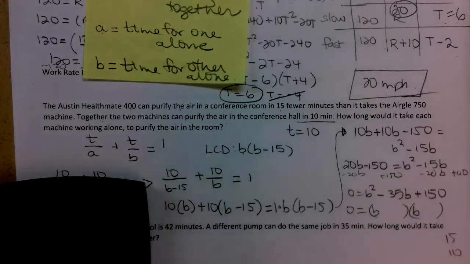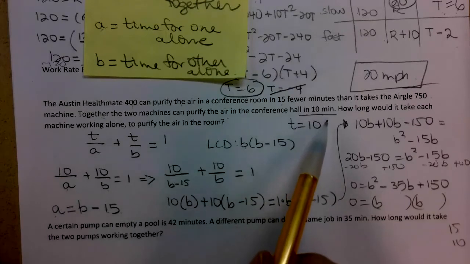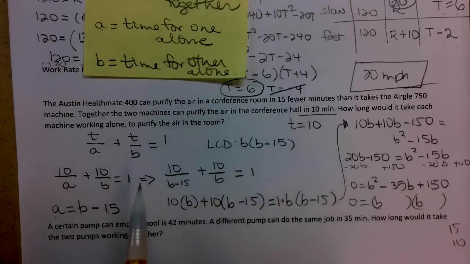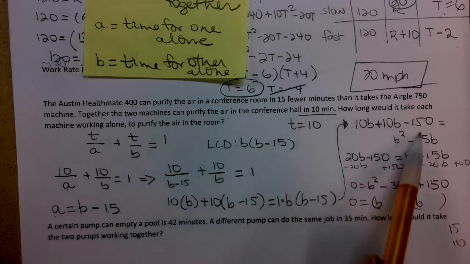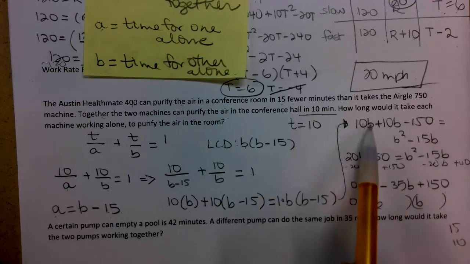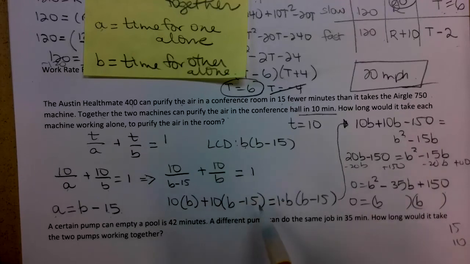But that'll just get me to 25. So let's check my math real quick. 15 minutes fewer. So checking, B squared minus 15B minus 15B. That goes together, 20B. Subtract it, minus 35B. Minus 150. It goes across.